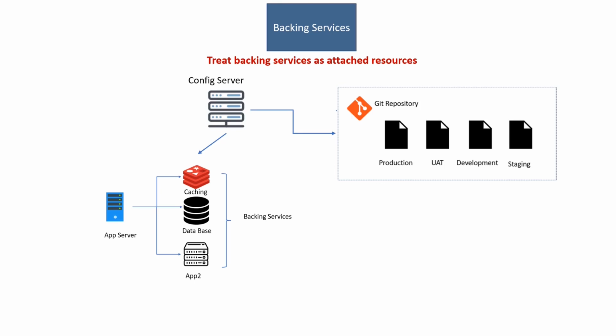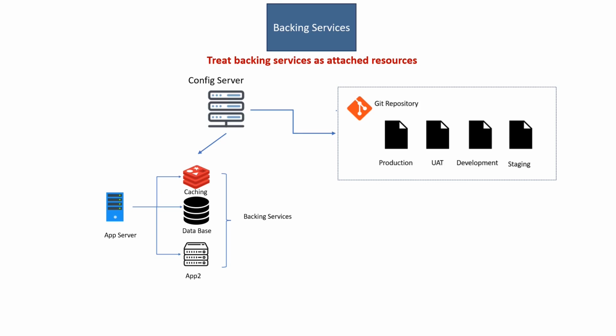So whatever the backing services, they should be treated as, let's say, attached resources. Maybe they are not part of your application, but they should be configured in such a way that if there are some changes for those backing services, you are able to absorb them seamlessly. There should not be any code change required.